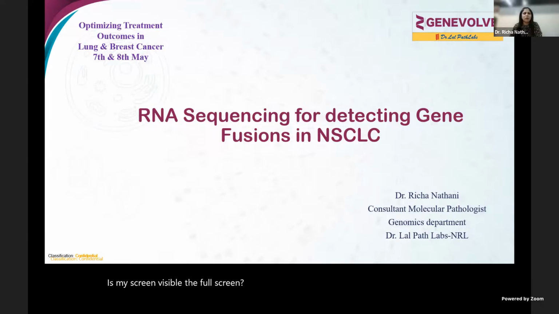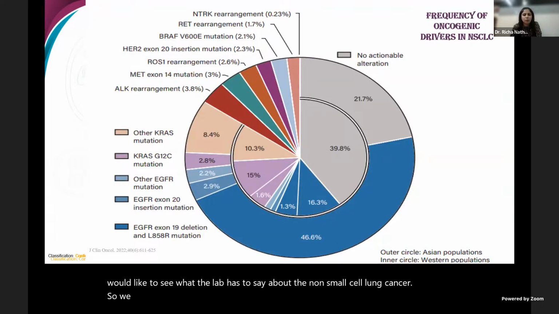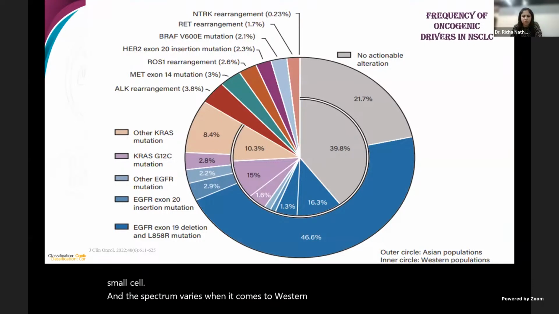So, today's topic is optimizing treatment outcomes. Before going to the treatment, we would like to see what the lab has to say about non-small cell lung cancers. We all know there's a huge spectrum of oncogenic drivers in non-small cell, and the spectrum varies between Western and Asian populations.